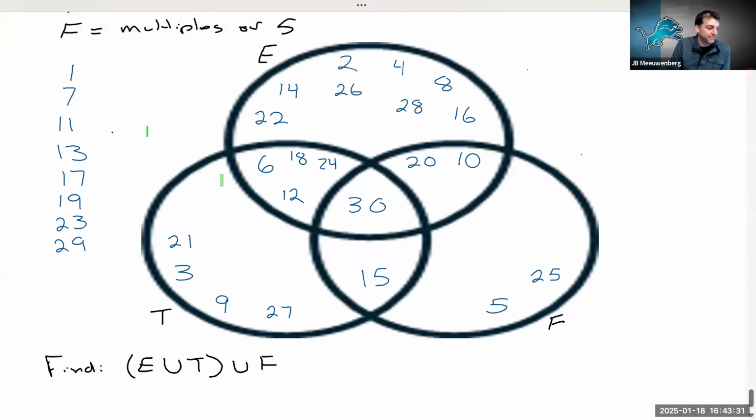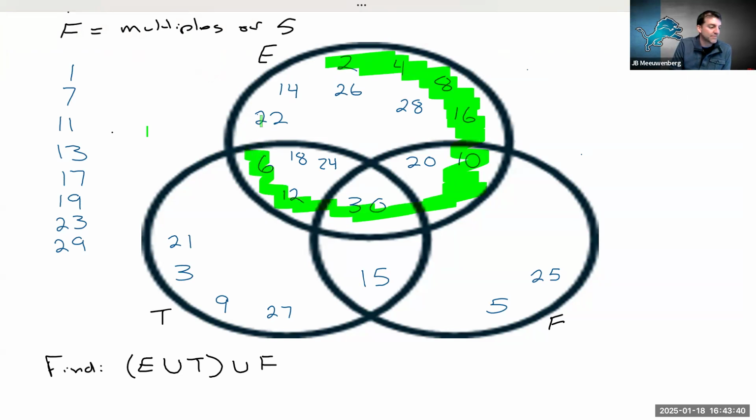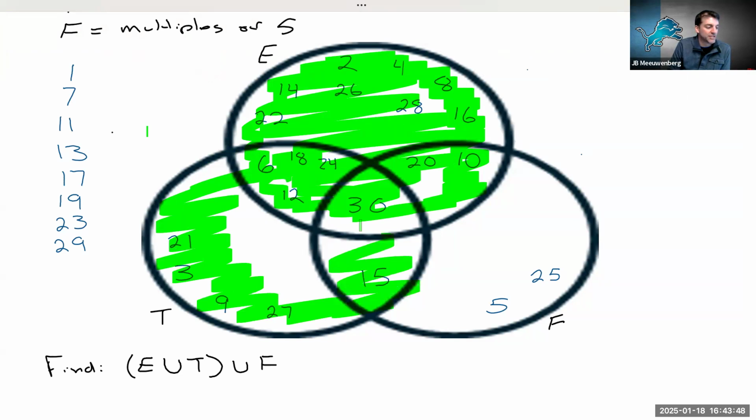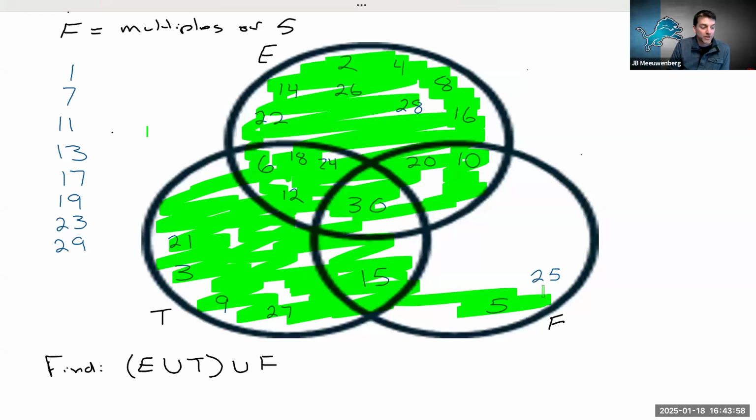E union T. Well, unions are all of it, right? Unions are everything in E, all of these, combined with everything in T, which is all of these, right? So it's this whole area shaded. So I'm taking that and making it a union with F, which means I'm also going to include these.